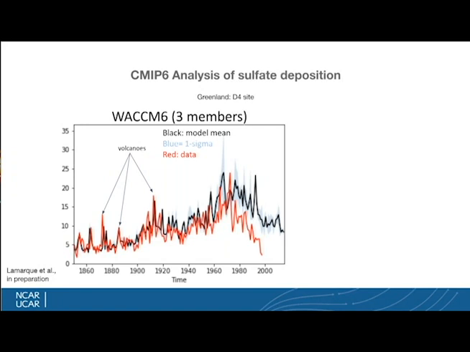The WACCM6 model has several features. It's 1 degree, has very extensive chemistry, both tropospheric and stratospheric. It goes from the surface to 150 kilometers, and so I have a full representation of stratospheric chemistry.